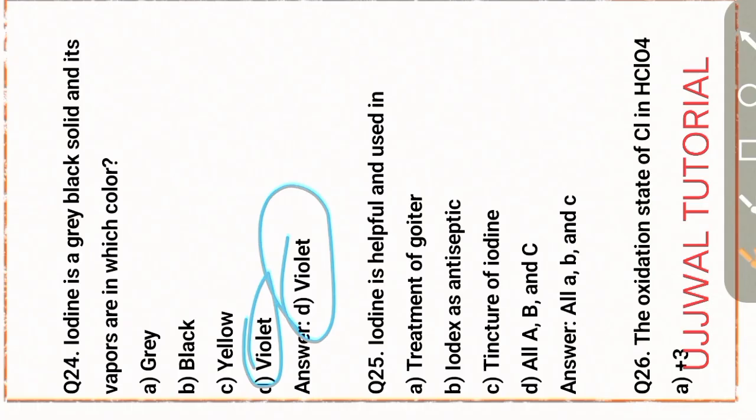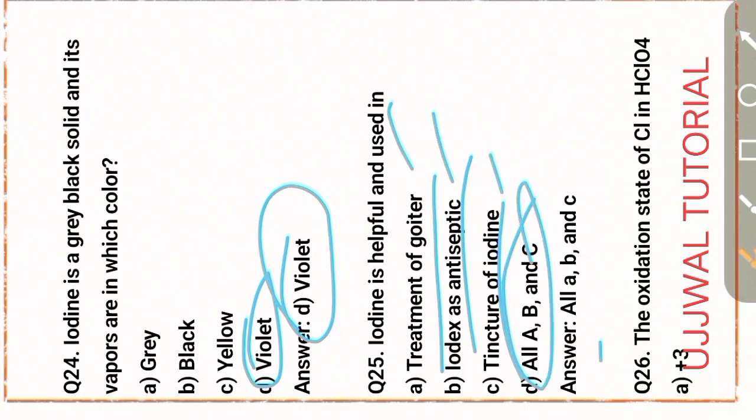Iodine is helpful and used in treatment of goiter, which is a type of disease, Iodex as antiseptic, and tincture of iodine. Option D is the right answer: options A, B, C are all right statements.